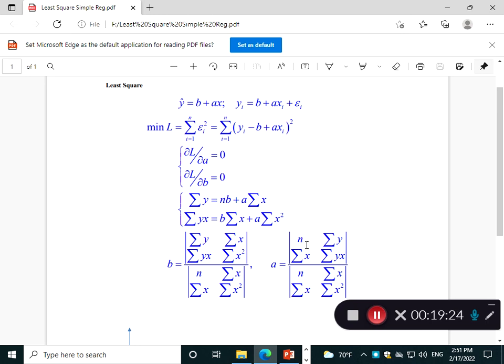However, if I don't want to change my B part, I want to change my A part, so the A part is substituted. Rather than using summation X squared, I'm using summation YX in the right-hand column. If you do that, you will get your A term.